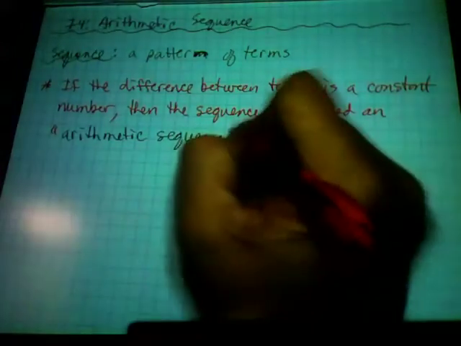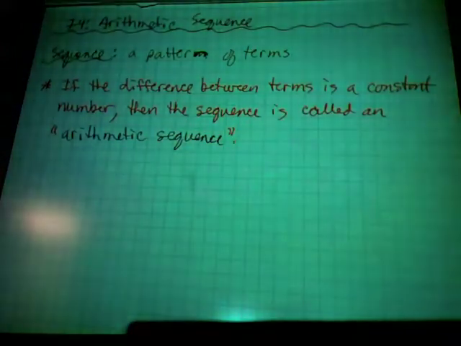In other words, if it's constantly being increased by adding the same number each time, or subtracting the same number each time and being decreased, that's what we call an arithmetic sequence.